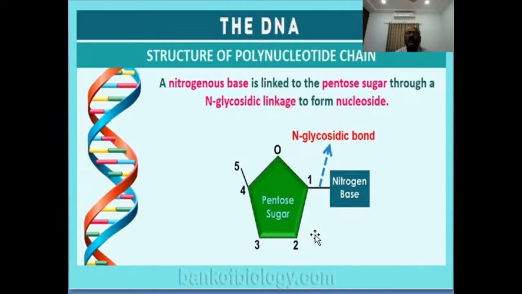Very important from the MSET and NEET point of view. So the bond between sugar and nitrogen base, in both DNA and RNA, is called the N-glycosidic bond. So this is pentose sugar, this is nitrogen base. These two are connected with an N-glycosidic bond.